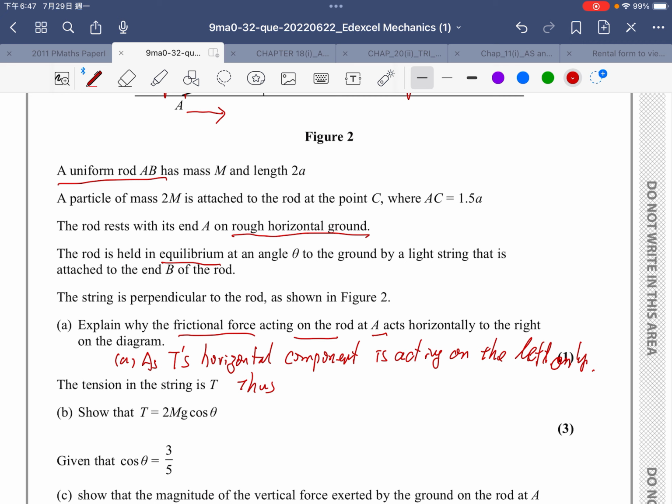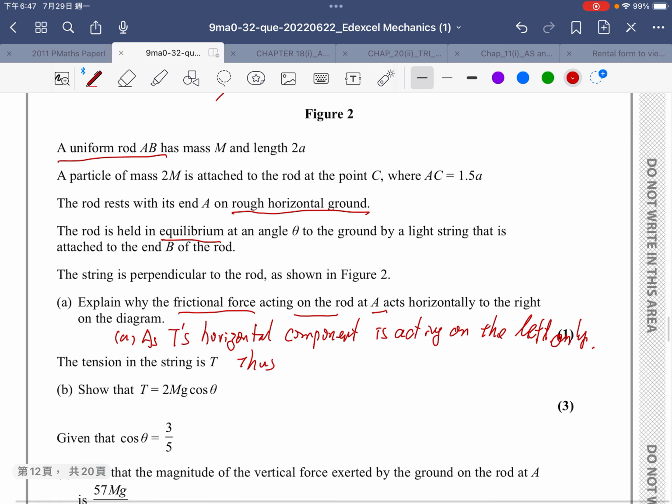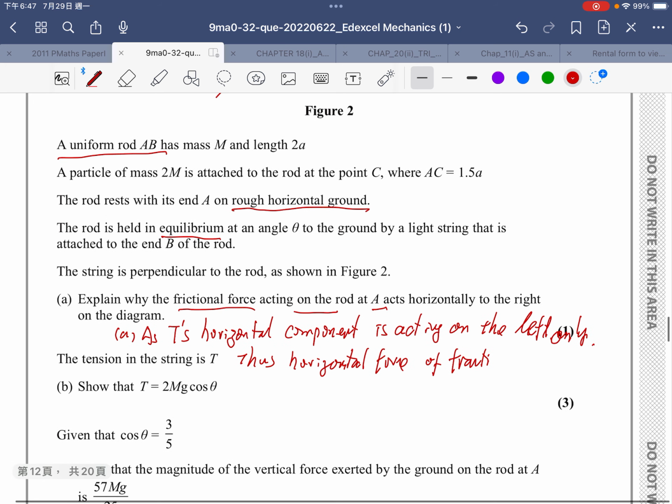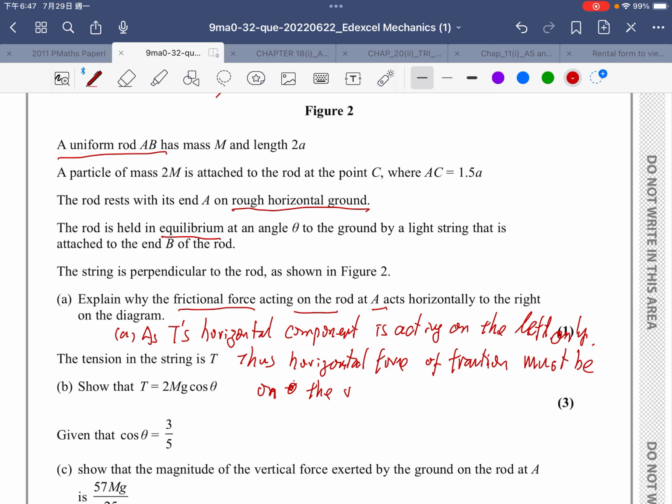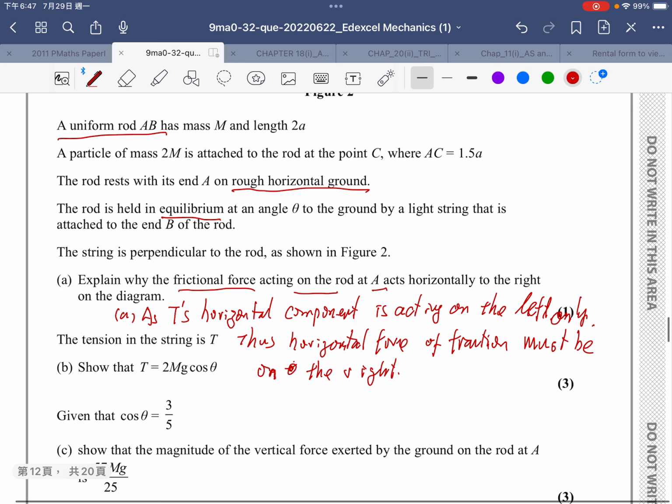Thus the horizontal force, or friction, must be on the right, must be horizontally on the right. Okay, this is part A.